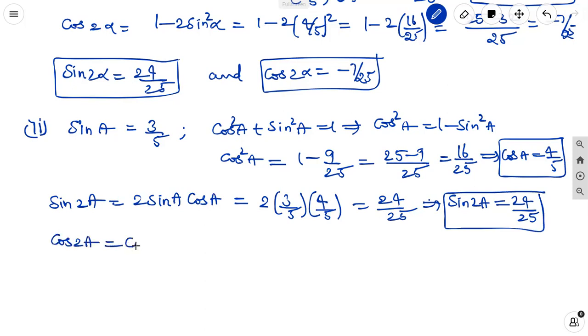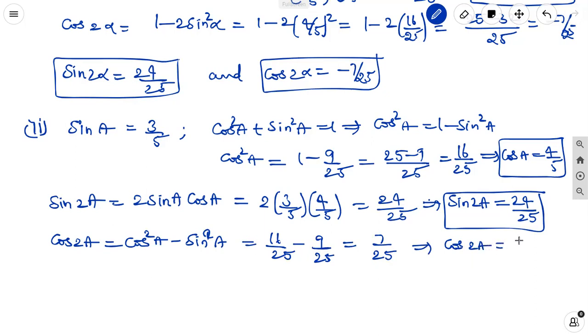Cos 2A equal to, we are using one more formula, cos square A minus sin square A. It is equal to cos square A value is 16 by 25 minus sin square A is 3 3s are 9, 5 5s are 25. It is equal to 7 by 25. So cos 2A equal to 7 by 25.